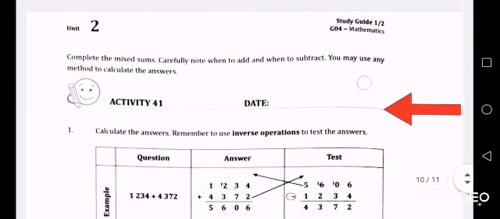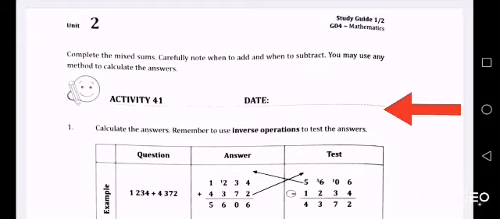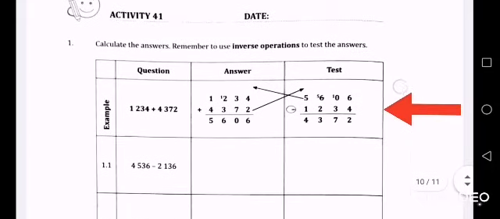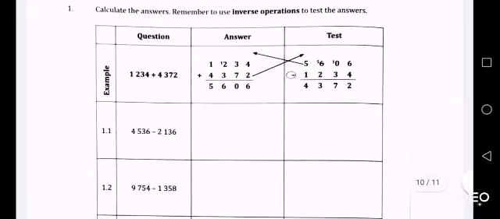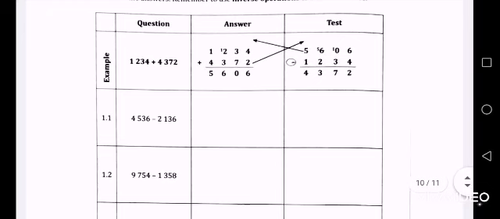So now you're going to do the same activity 41, but now you're going to complete number 1.1, 1.2, and 1.5. Okay, you're going to use one of the three methods that were in the examples to complete the following sums.